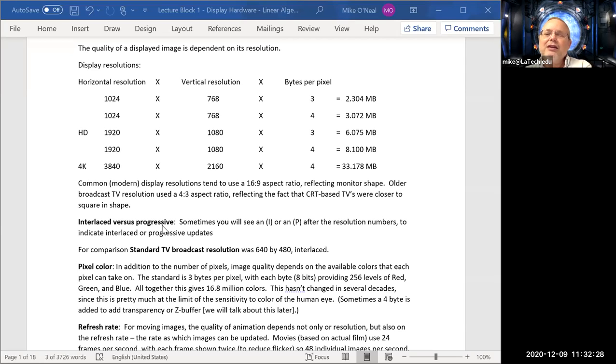Well, that little I and P means a lot, because if there's an I there, it's doing half the work that a P is doing, because it's only drawing half the image per frame. So that's extremely important there.